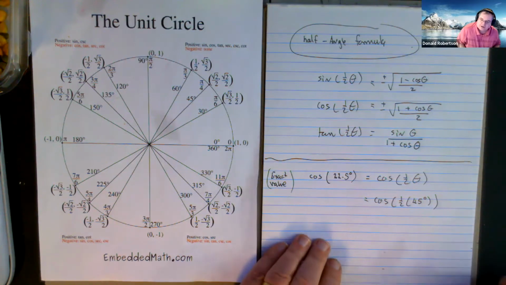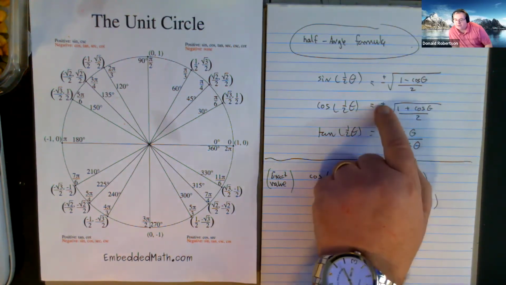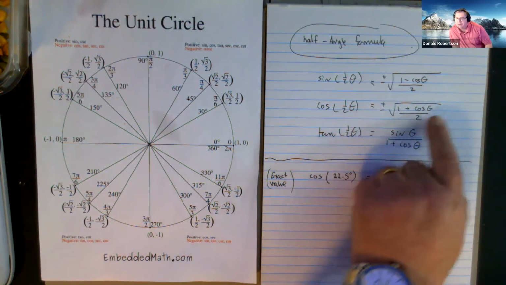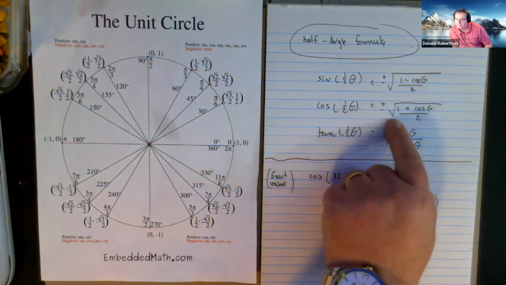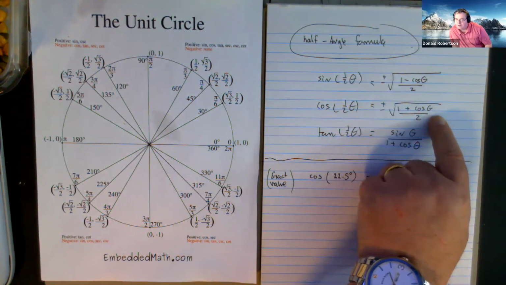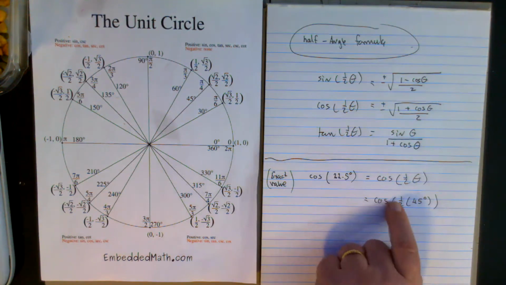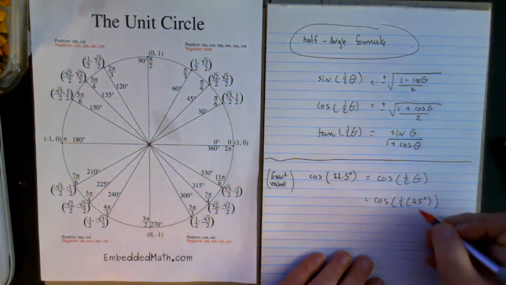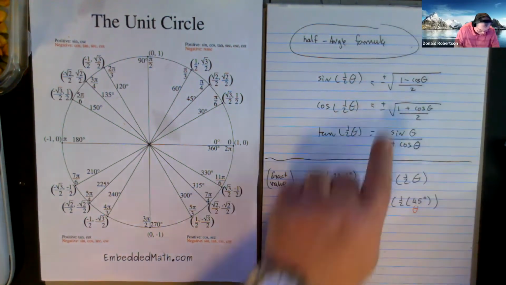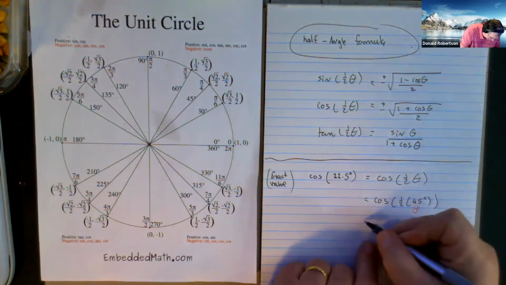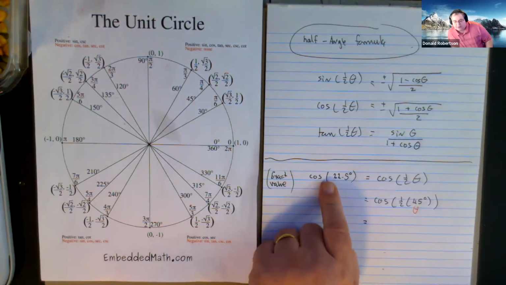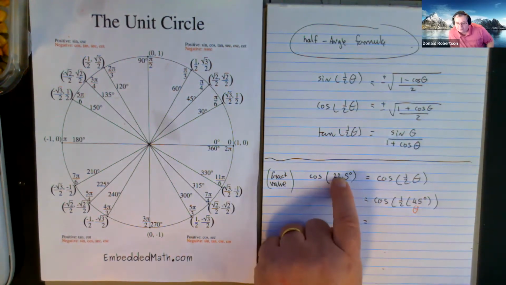Now, when I look at the cosine formula, do you see how there's a plus or minus square root thing going on here? Great. Now, by the way, theta is 45. One of these needs to get used. The cosine of 22.5, would you agree 22.5 is in the first quadrant, so that's positive.